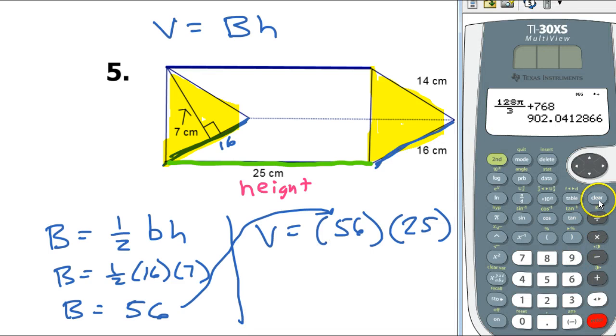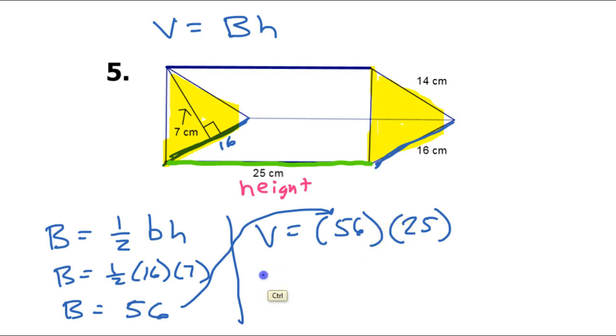So if I multiply 56 times 25, the volume is 1,400. And this will be cubic centimeters.